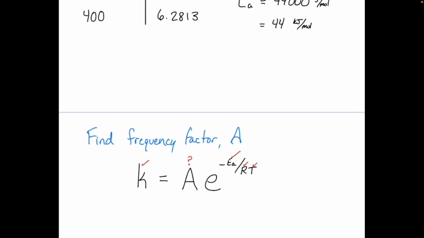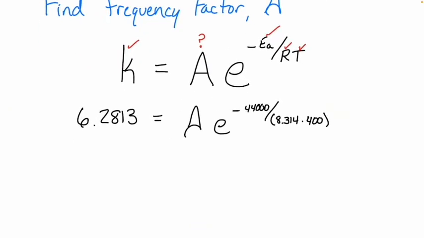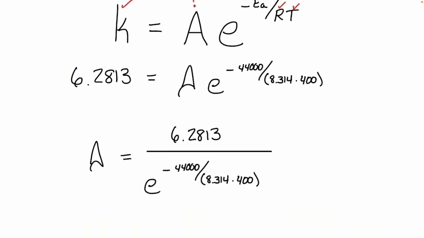I'm going to pick this last data point just for the fun of it. All right, and this over here might look scary, e to the negative 44,000 divided by whatever, but that's just a number, right?